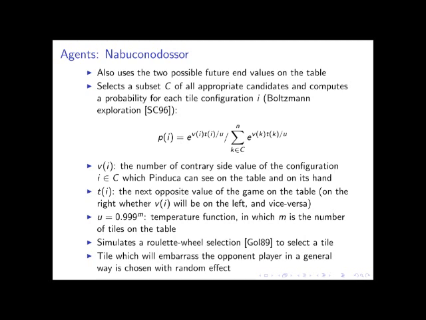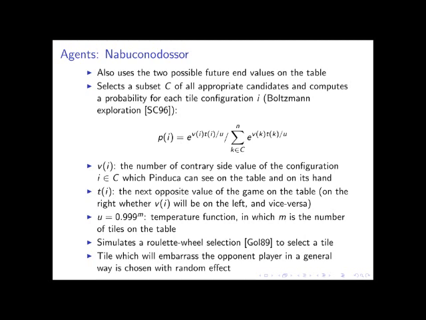Pi is equal to the exponential of Vi times Ti divided by U, divided by the sum of exponential of Vk times Tk divided by U for each k in C. V and T are as explained before, and U is the temperature function.